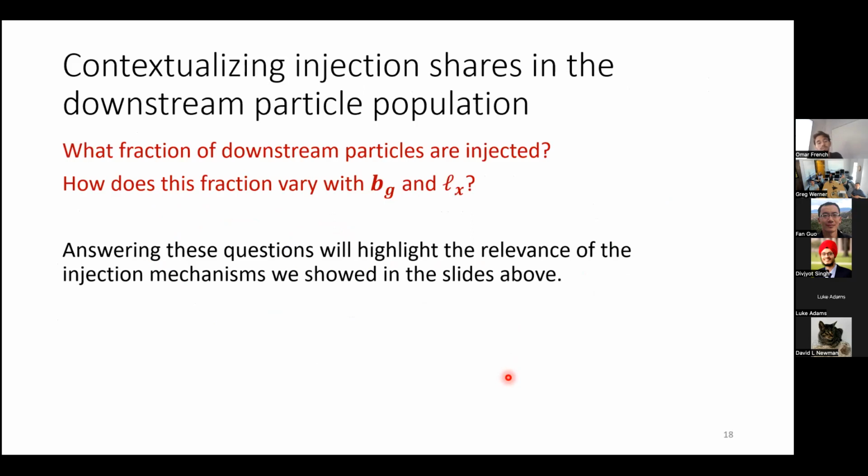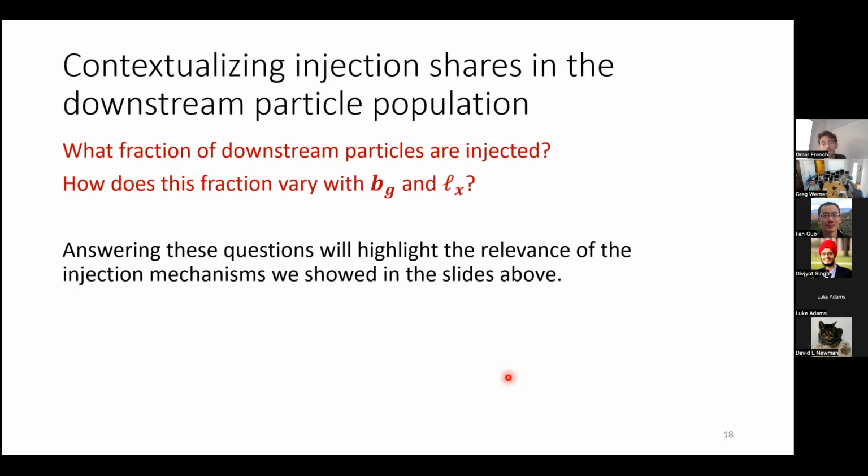Okay, so we just discussed the shares of these different injection mechanisms, which are interesting, but their relevance is really understood when we contextualize them with respect to the downstream particle population. So the question really is, what fraction of downstream particles are injected?